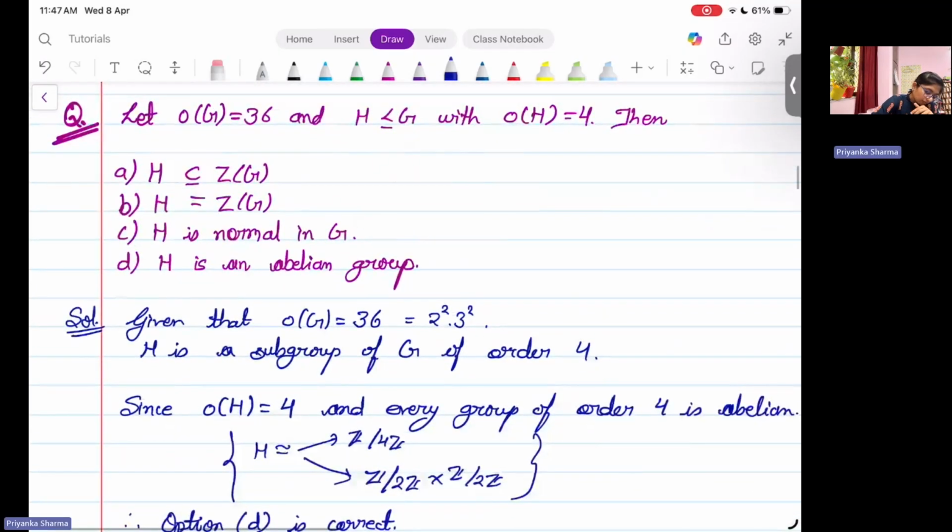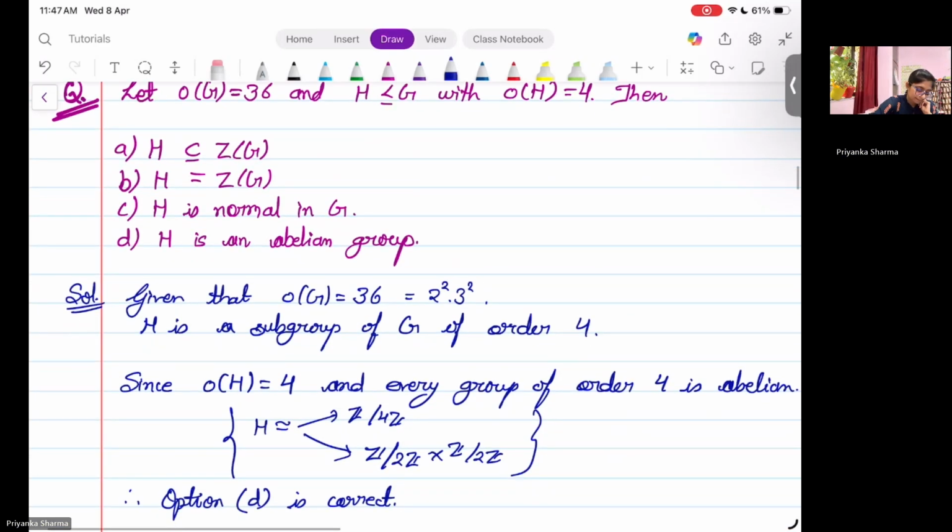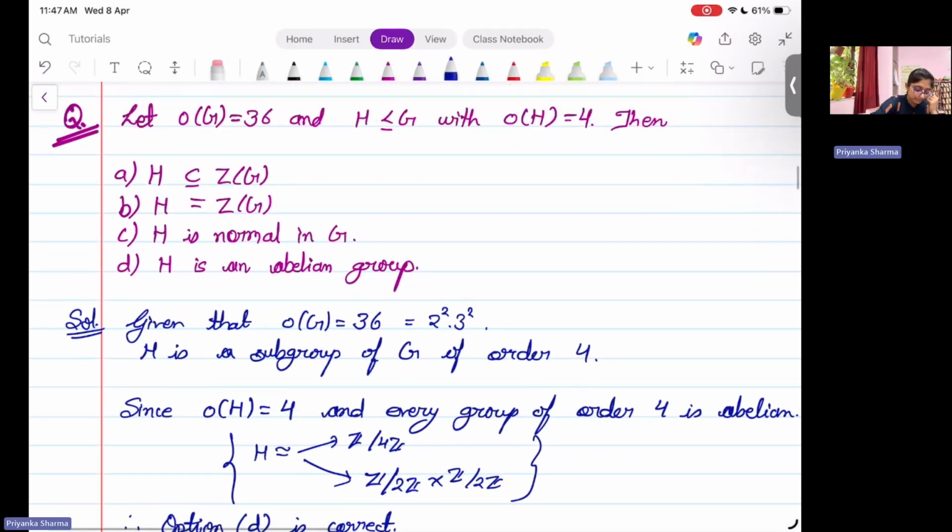Okay, now what about option A and option C also? In the case of an abelian group, it is true that H is a subgroup of Z(G) because H is a subgroup of G. So in the case of an abelian group, option A is true. But what if we have a non-abelian group? So let's construct something.